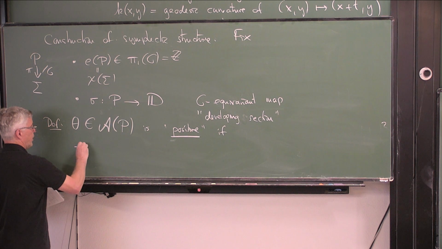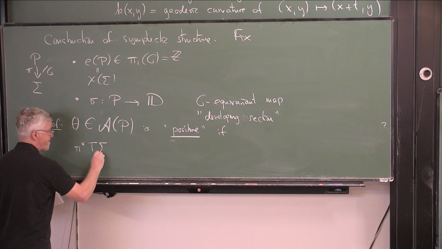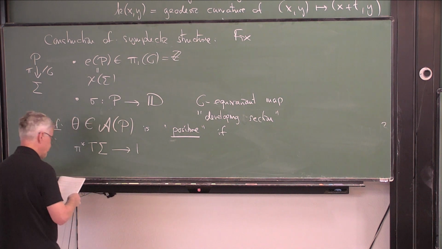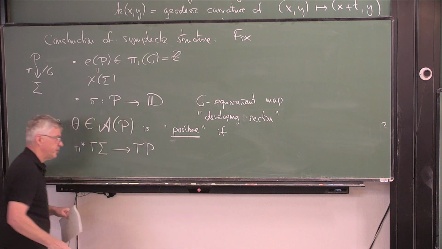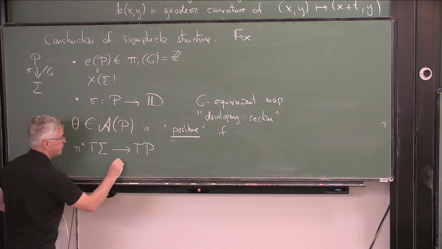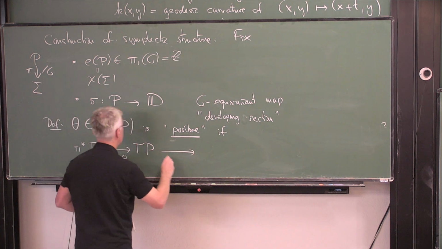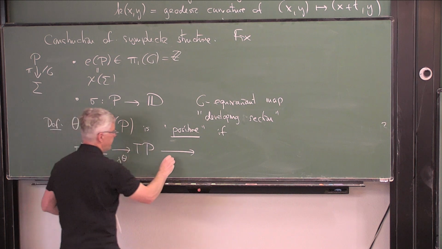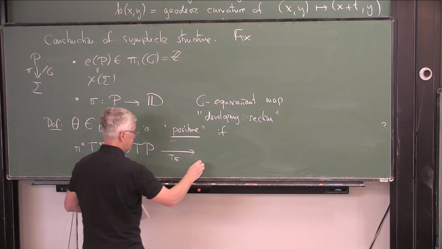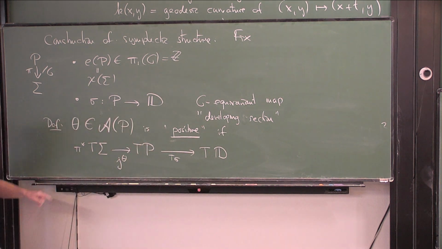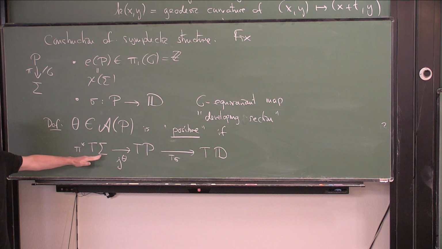It goes from the pullback of the tangent bundle of the surface to the tangent bundle of the principal bundle. So the horizontal lift, and this we can compose with the tangent map to our map sigma. And this then goes to the tangent bundle of the Poincare disk. And this is then a map between rank 2 vector bundles, and I require that this is fiber-wise an orientation preserving isomorphism.